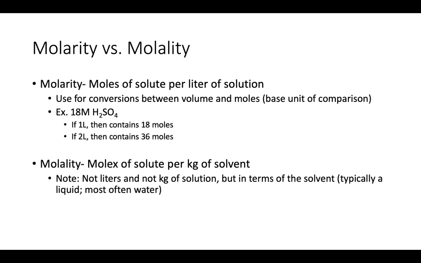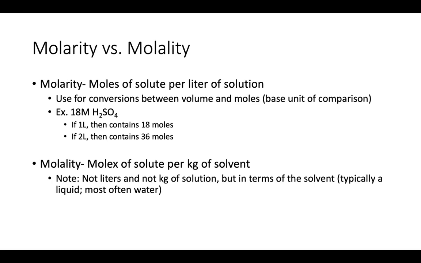And then molality, sorry for the typo, is moles of solute per kilogram of solvent. The big things to underline here is that your numerator will still be moles of solute, but your denominator, what you're dividing it by, first off, is in terms of kilograms, not in terms of volume.